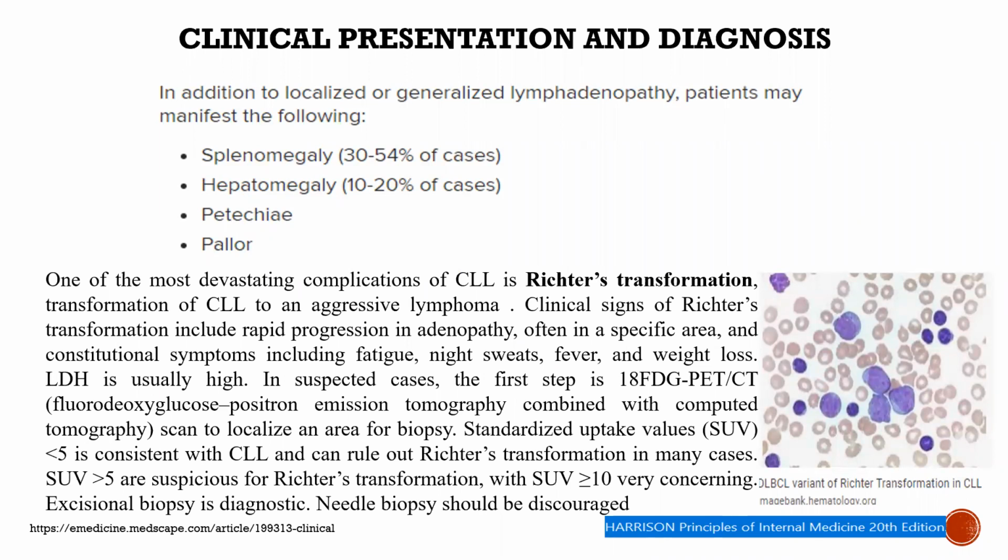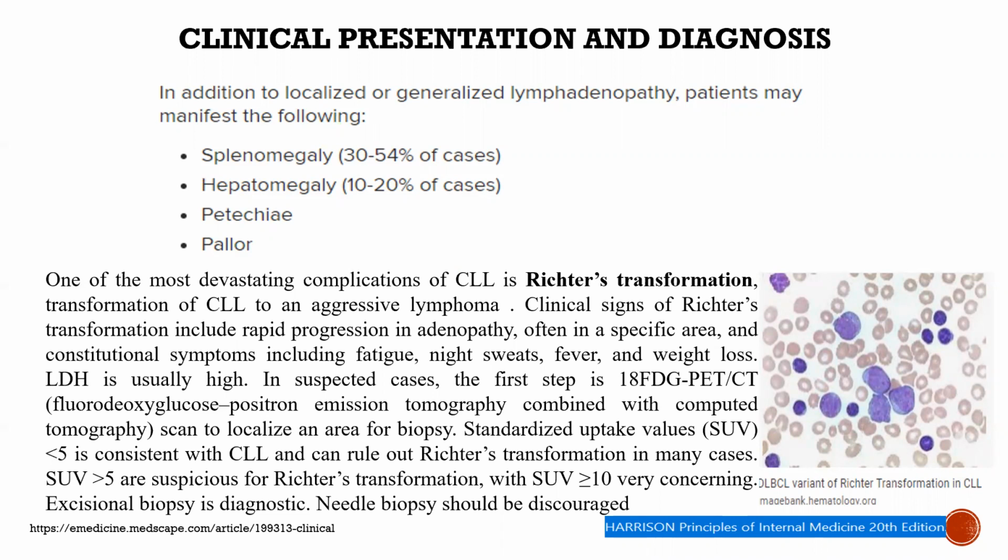In addition to localized or generalized lymphadenopathy, patients manifest the following: splenomegaly, hepatomegaly, petechiae, pallor. One of the most devastating complications is Richter transformation, clinical signs of which include rapid progression in adenopathy, often in a specific area, and constitutional symptoms including fatigue, night sweats, fever, and weight loss.